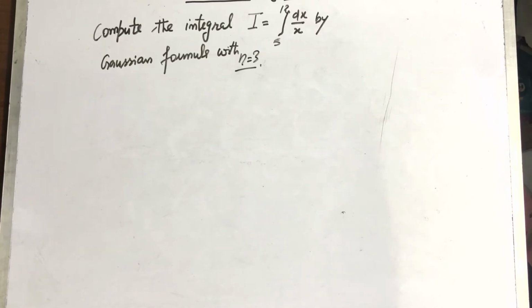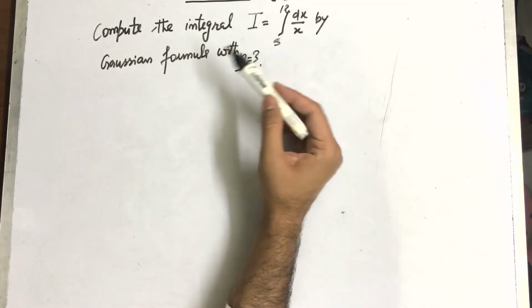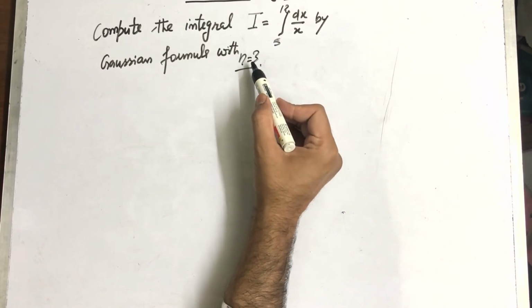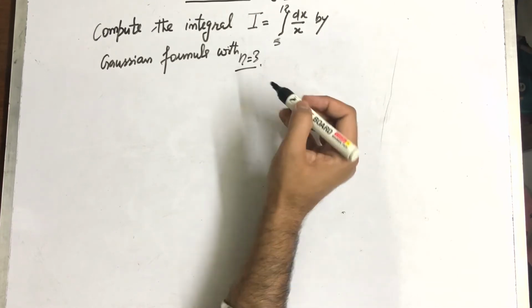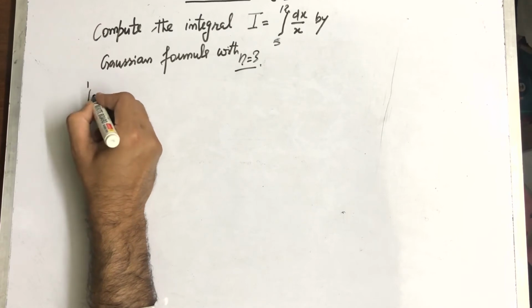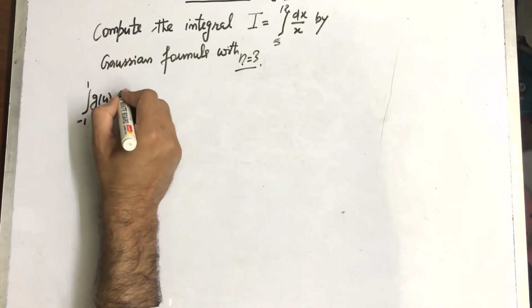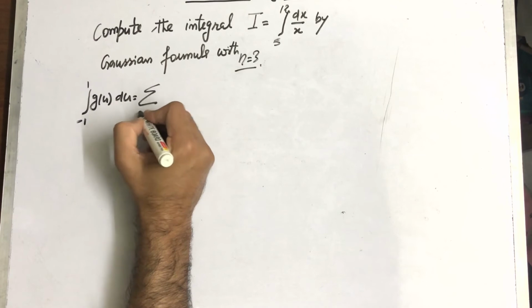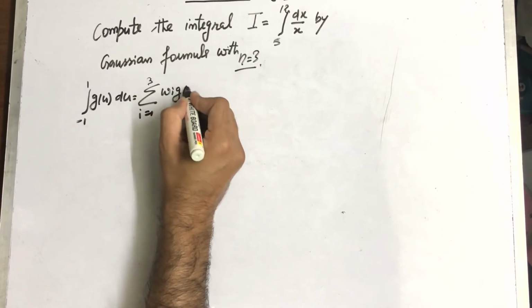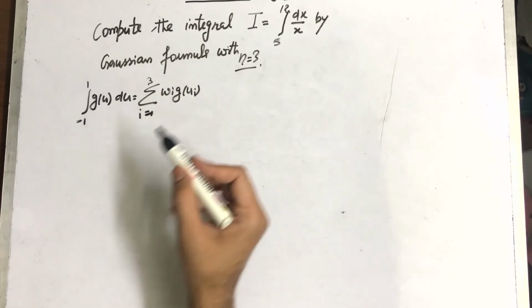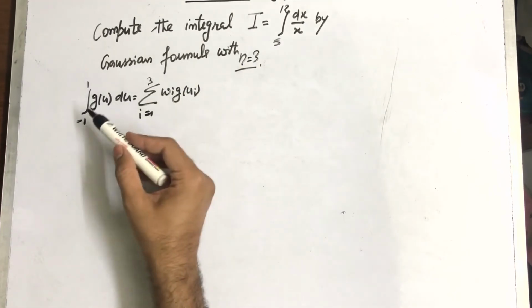So now here we will see an application of the Gaussian integration formula, and the question is to compute the integral of this by Gaussian formula with n is equal to 3. That means we have to apply the 3-point Gaussian integration formula. But before that, we know the form: the integral from minus 1 to 1 of g(u) du is the summation i from 1 to 3 of wi g(ui). We have to transform the given integration into this.